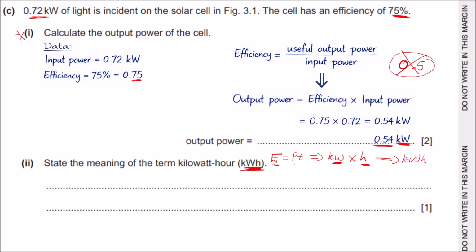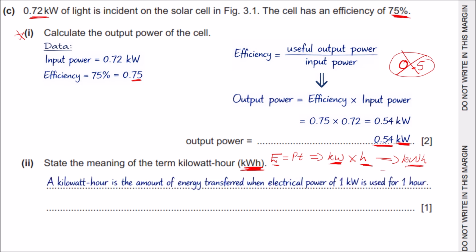When a gadget of power rating 1 kilowatt runs for an hour, the energy consumed is a kilowatt hour. So the ideal answer was: a kilowatt hour is the amount of energy used or transferred when electrical power of 1 kilowatt is used for an hour.